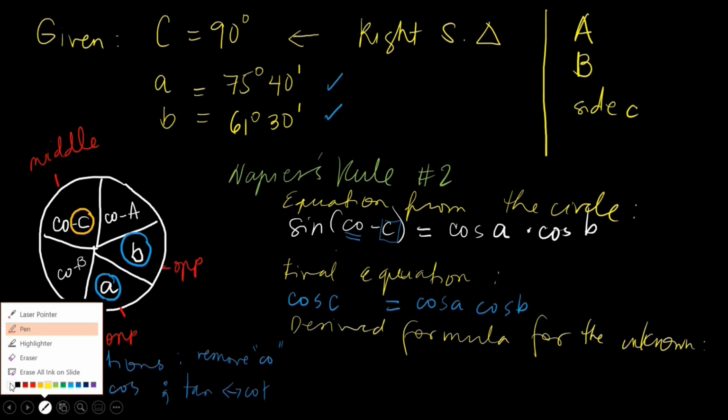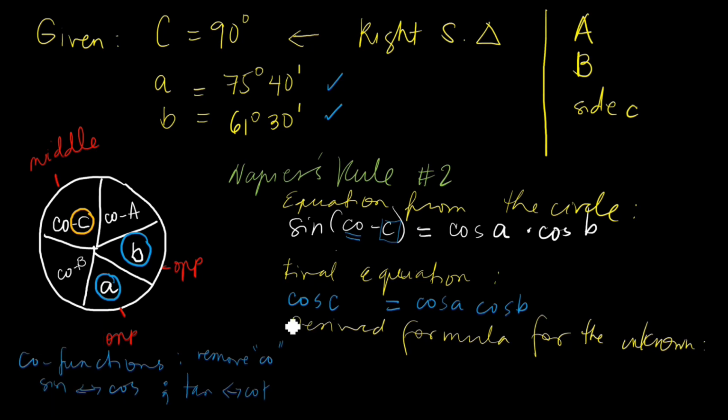In deriving the formula, what we need is side C. Even in the right spherical triangle, where the part is a side, remember that the side is in the form of an arc because it is part of the great circle, and the unit of it is also in degrees. It is somehow the same as an angle.